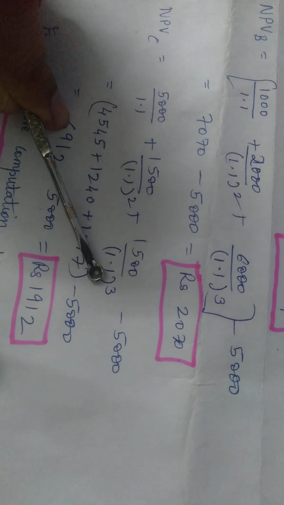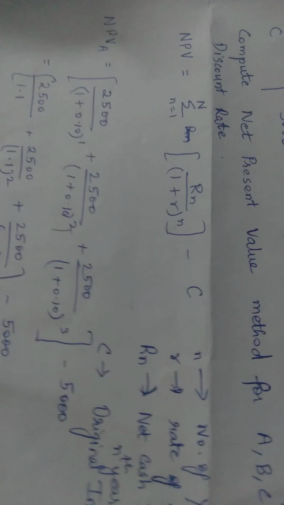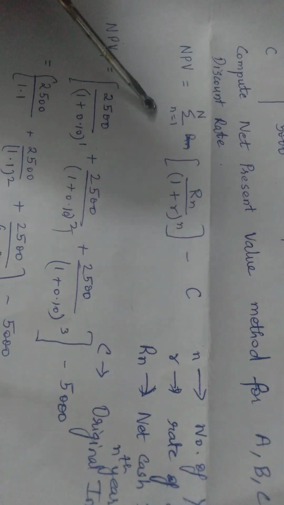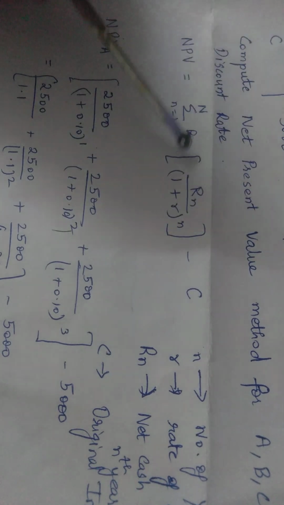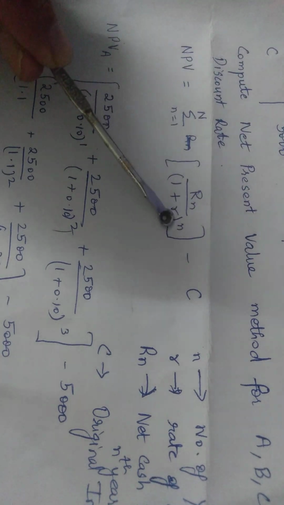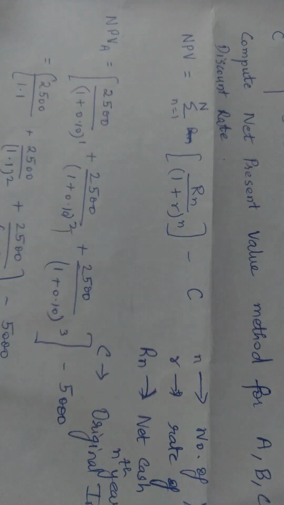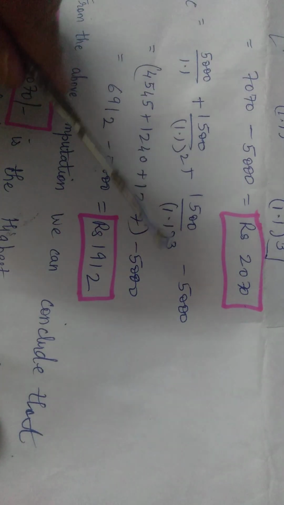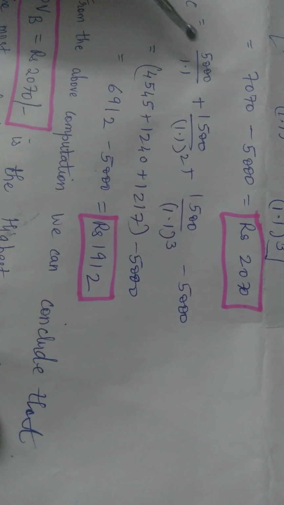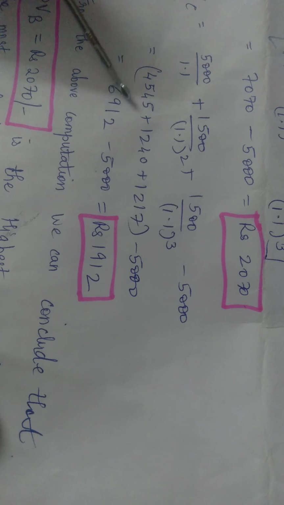Once again, let us have a look at the formula and then go ahead. See, this is the formula. NPV equals summation n takes the value from 1 to N, Rn upon (1 plus r) raised to n, minus C. So the same formula I am using for computing NPV for C also. And of course minus 5,000. Now the value I get after dividing 5,000 by 1.1 is 4545.